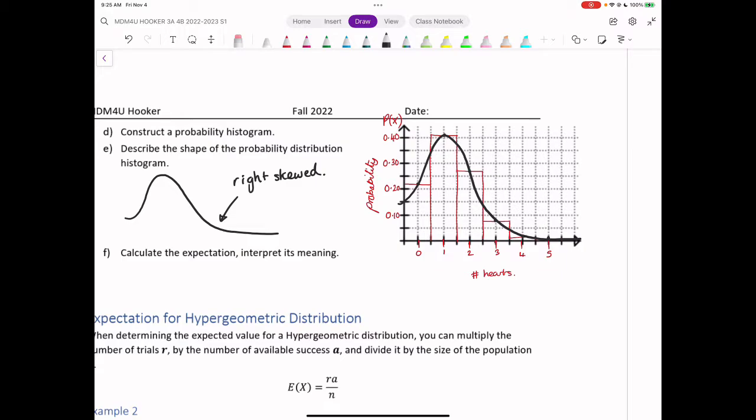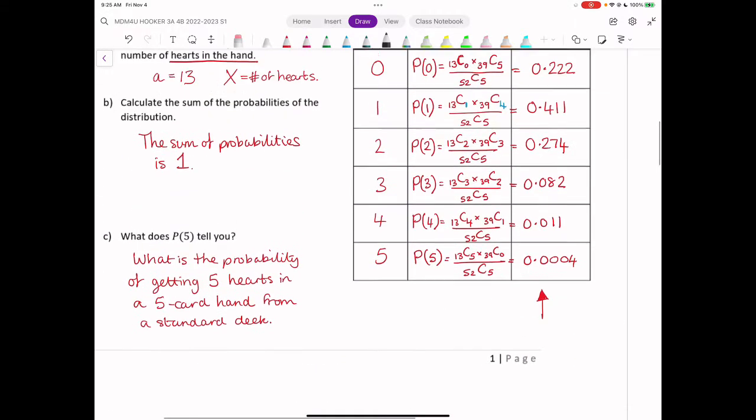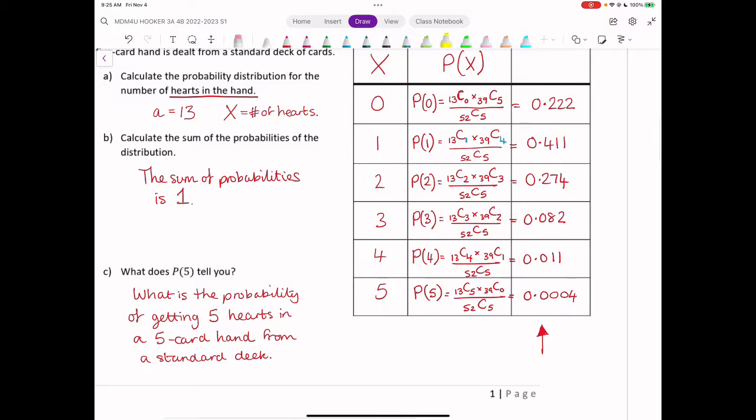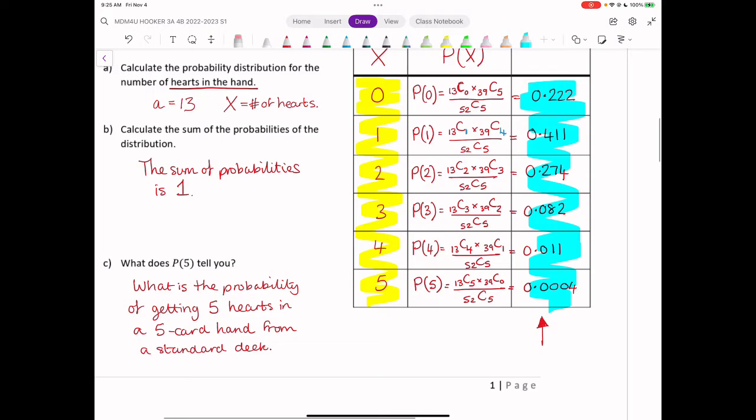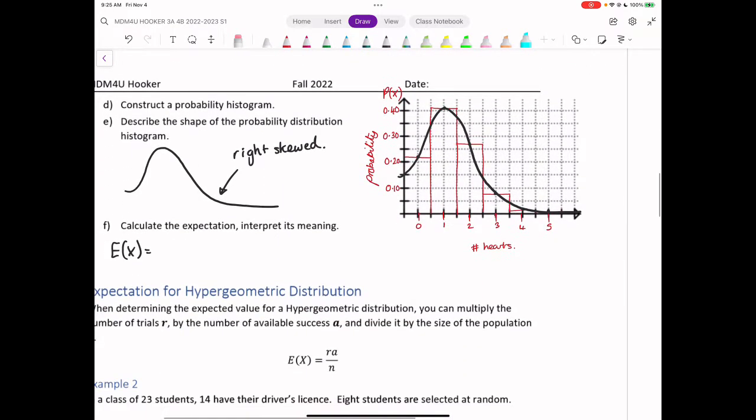Let's calculate the expectation and its meaning. So the expectation, or expected value, we're going to just take from this table. We're going to take the yellow values that I've highlighted right here and multiply them to the ones that are highlighted in blue each time for each value of x, and then add them together.